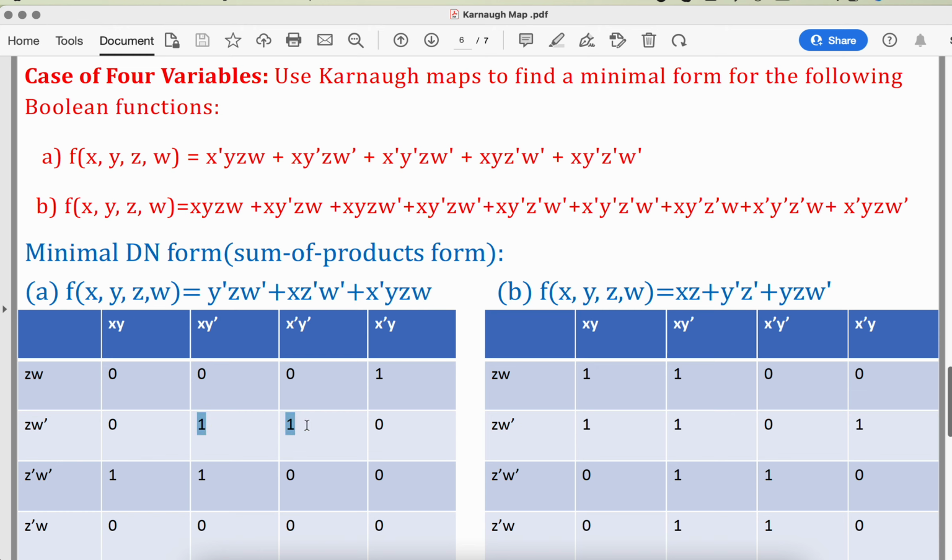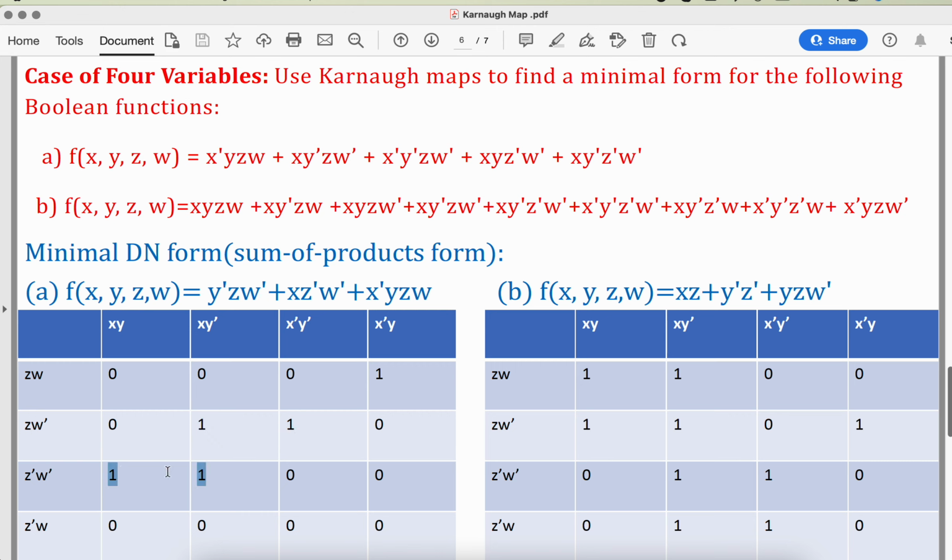One is this rectangle. This rectangle gives Y' and on this side we have ZW', since X is in complemented and uncomplemented form. So this rectangle gave Y' ZW'.